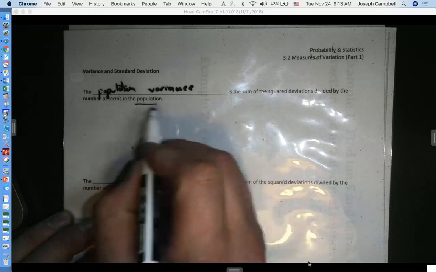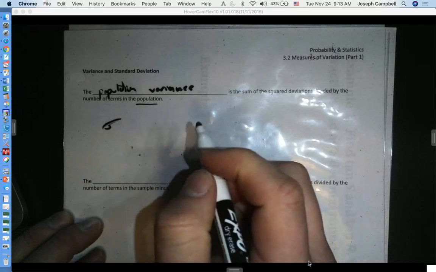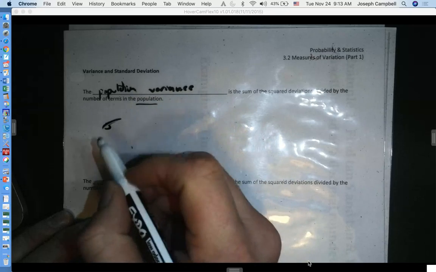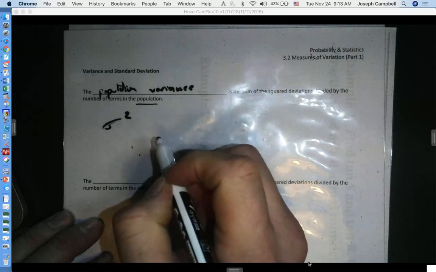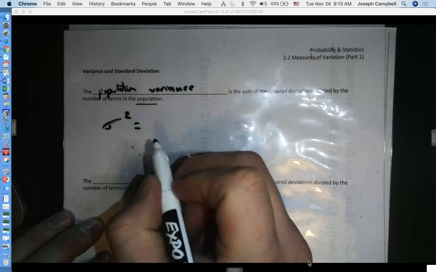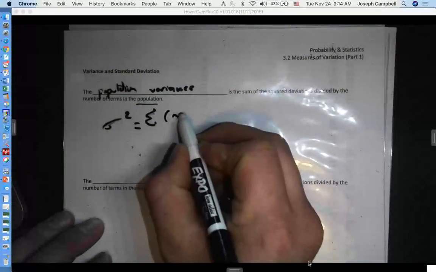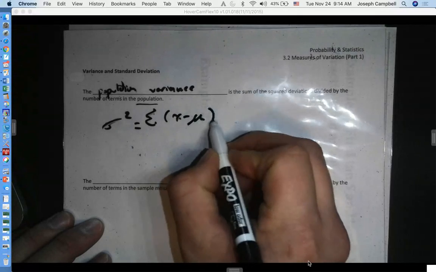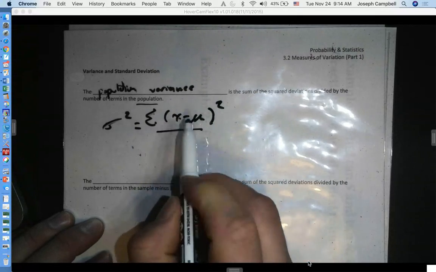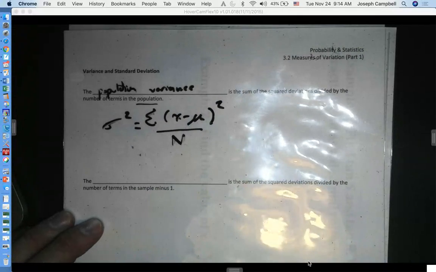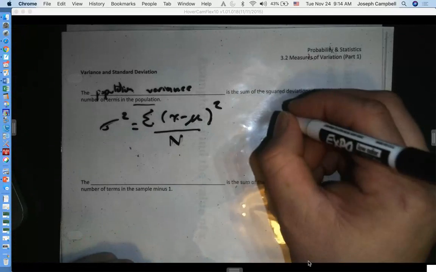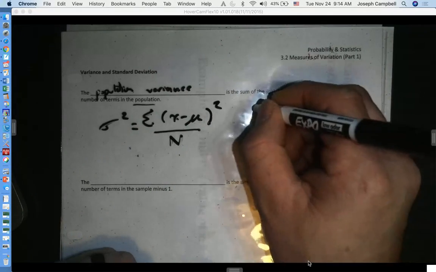If we talk about population variance, we use this symbol sigma. This is lowercase sigma. So sigma squared. Variance is squared. All right, so it's the sum of all of these differences. Remember, it's populations, so we're using mu. We divide that by capital N for the size of the population. Let's make sure we define all these terms.